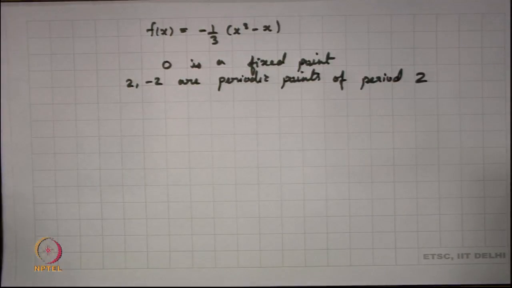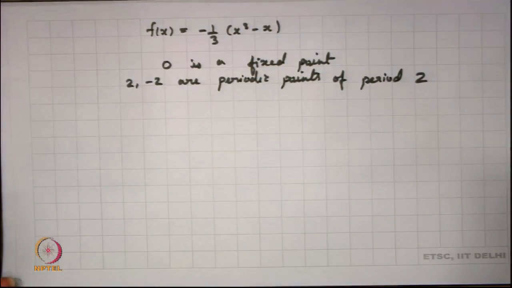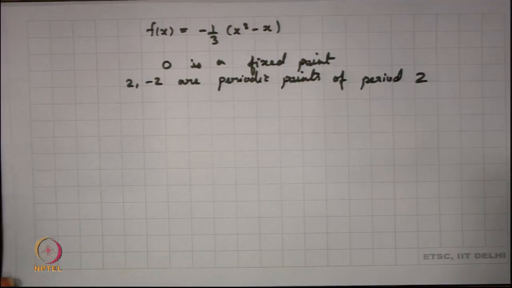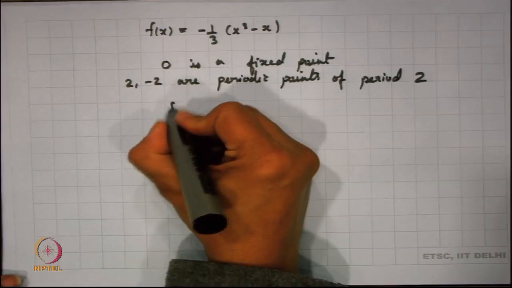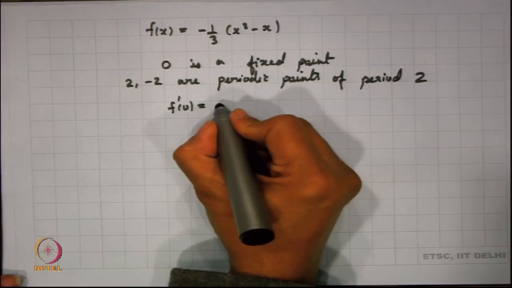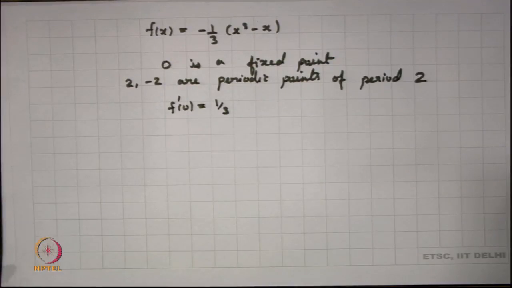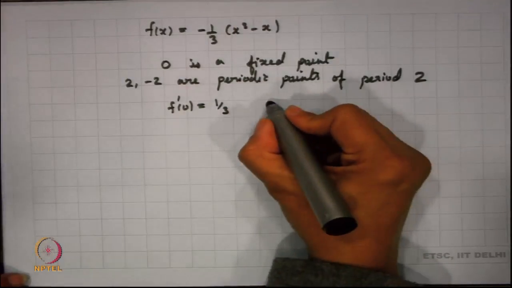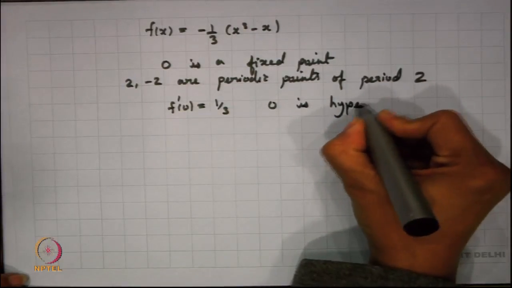Now, an interesting fact here is that we know f prime of 0 here will be 1 by 3. So, again 0 is hyperbolic. So, it is a hyperbolic fixed point.